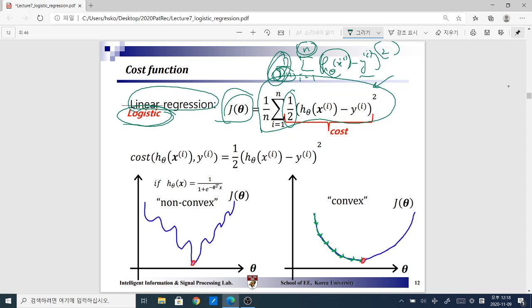It still looks exactly the same as this. And what we want to say is that this much here is the cost function. So the cost of making a decision or prediction by using this logistic regression model, compared to the label, would essentially be one half of the square of the difference. So this would be the cost for making a prediction for each sample.